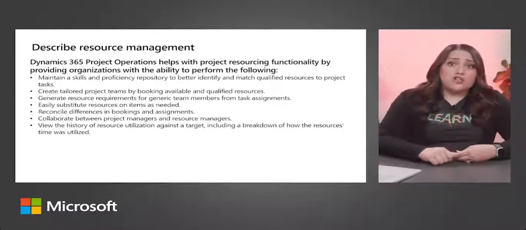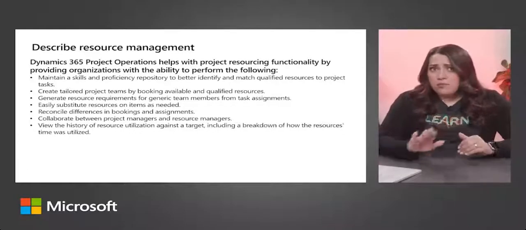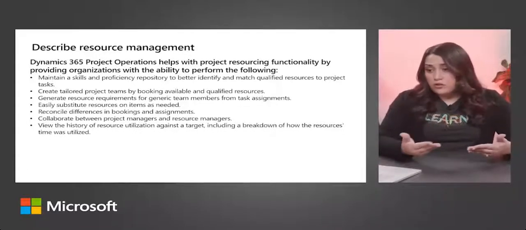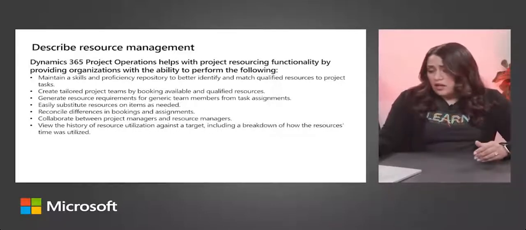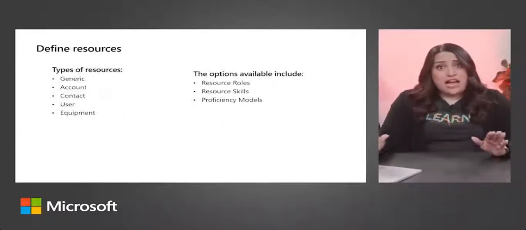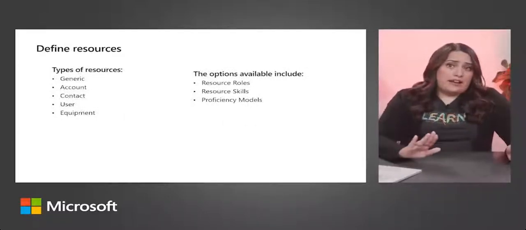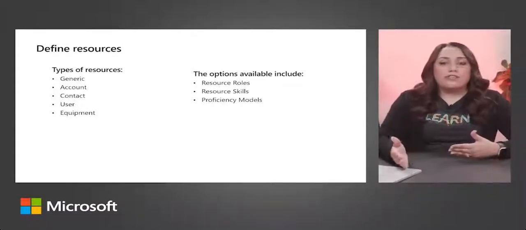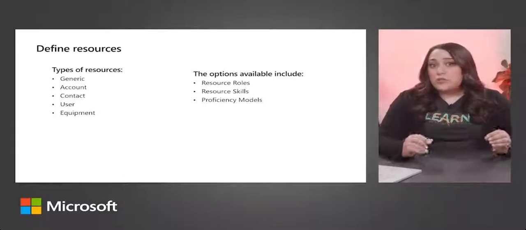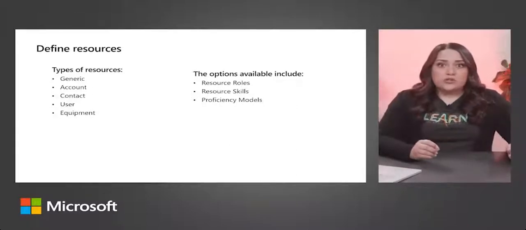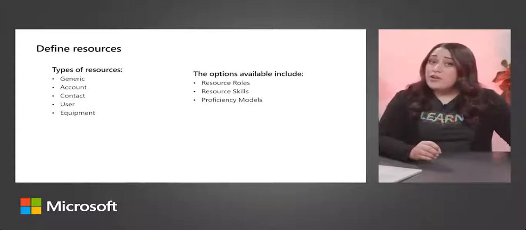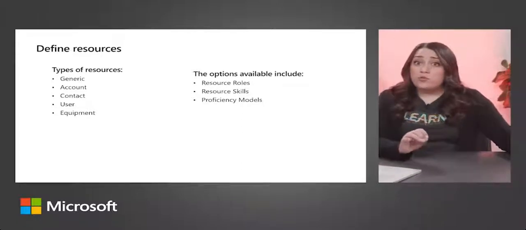Dynamics 365 Project Operations has a number of different tools to help make sure that you're leveraging the right resources for your project. And the type of resource that's needed for an item can vary, depending on what type of task it is or where you are in the project planning phase. So when you're scheduling a person as a resource, not only do you need to know what type of resource you need, but we also need to ensure that they're qualified to work on the item that's being scheduled.